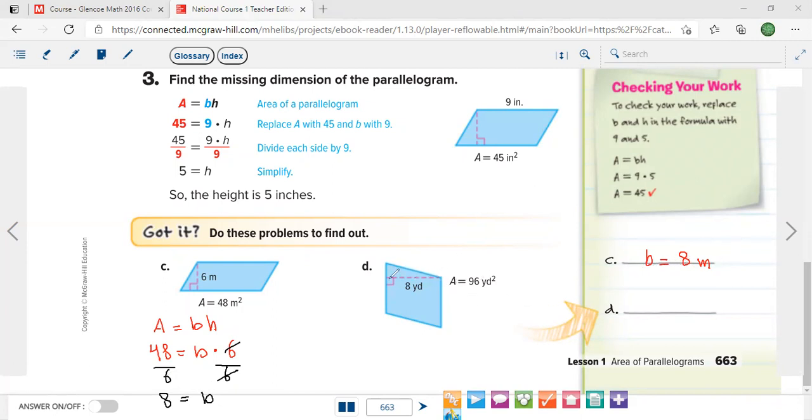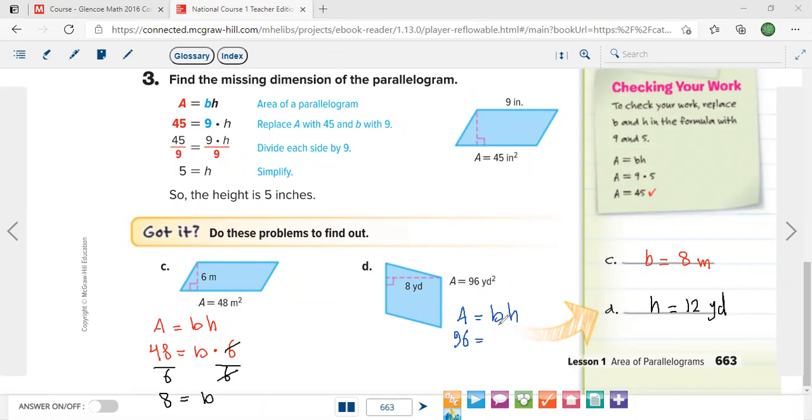The same will happen for problem B. You have the area and you have the height, and we need to know the base. Whether you solve it mentally, what number times 8 will give you 96? Of course, it's 12. So you can say now the base equals 12. Of course, the unit here is yard. Or you can write down the formula, which is the rule, area equals BH. Instead of area, you write 96.